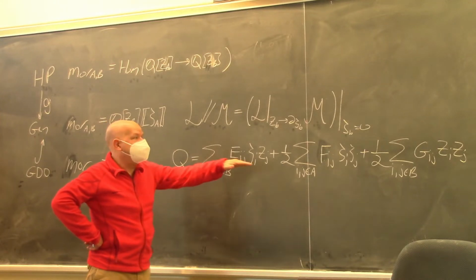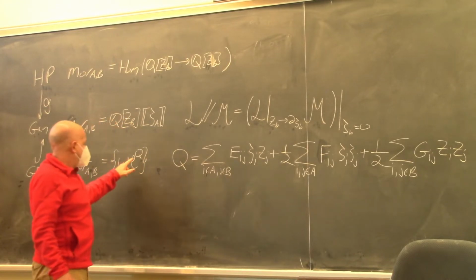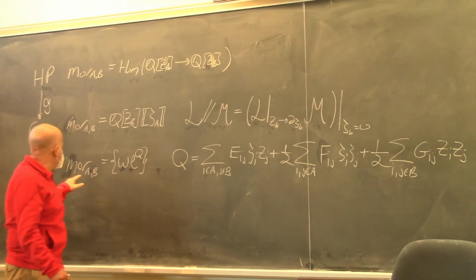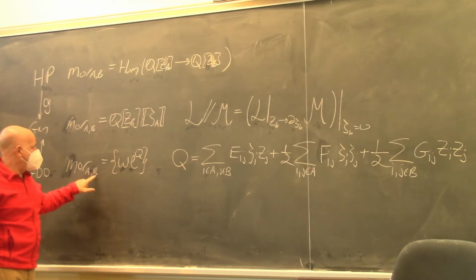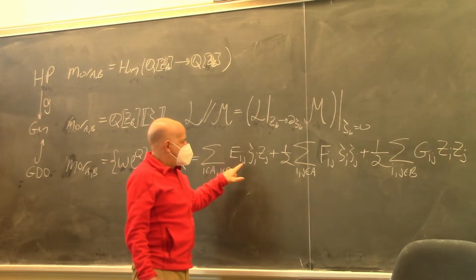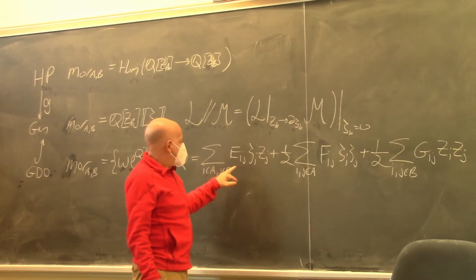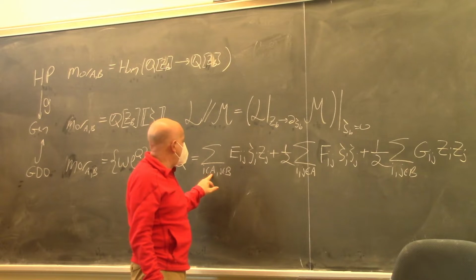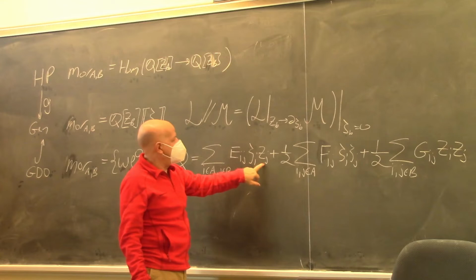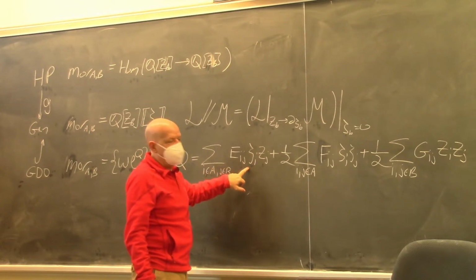And I made explicit what a quadratic is, so let me remind you. It's quadratic in all of the relevant variables, namely in the Greek letters corresponding to A and the Latin letters corresponding to B. So Q is a certain sum of the form: sum over I in A, J in B of Greek I, Latin J, with coefficient E_ij.